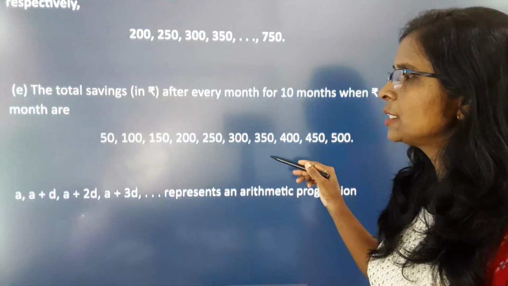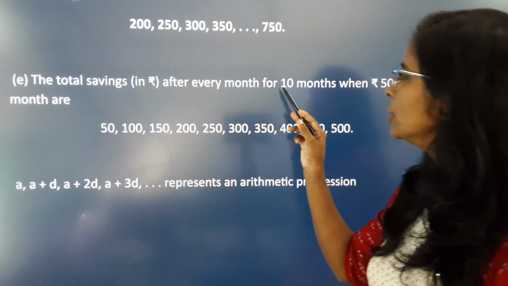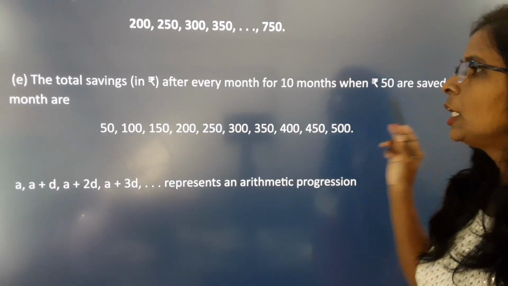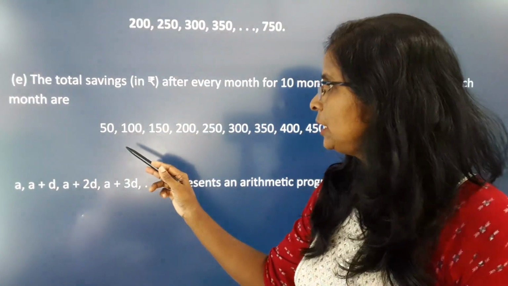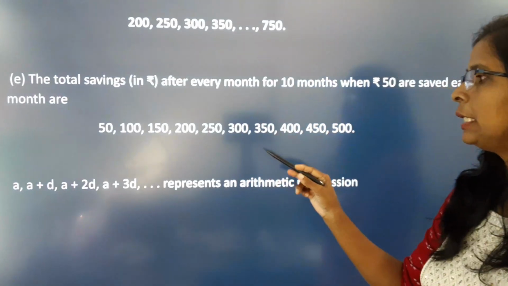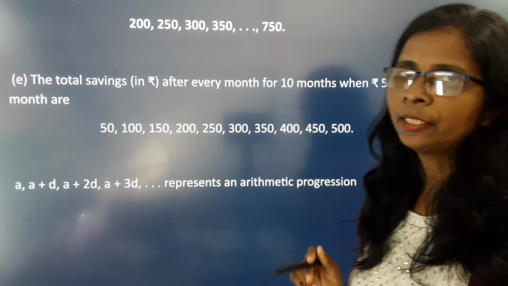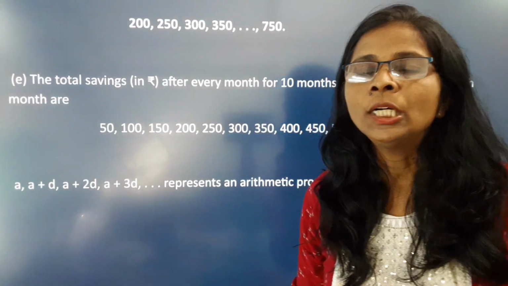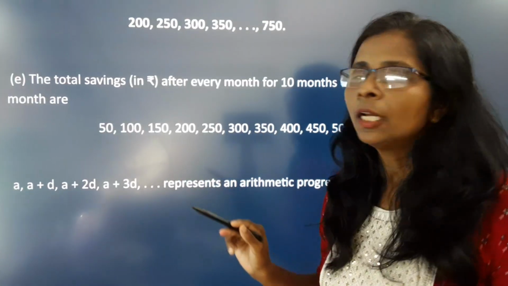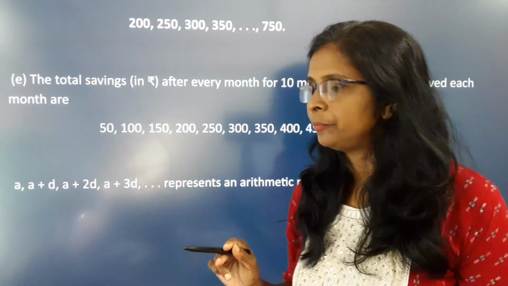See the next example. The total saving in rupees after every month for 10 months, when rupees 50 are saved each month, are 50, 100, 150, 200, 250, 300, 350, 400, 450 and 500. So here also the common difference between two consecutive terms is 50, and that's why this example is an AP.